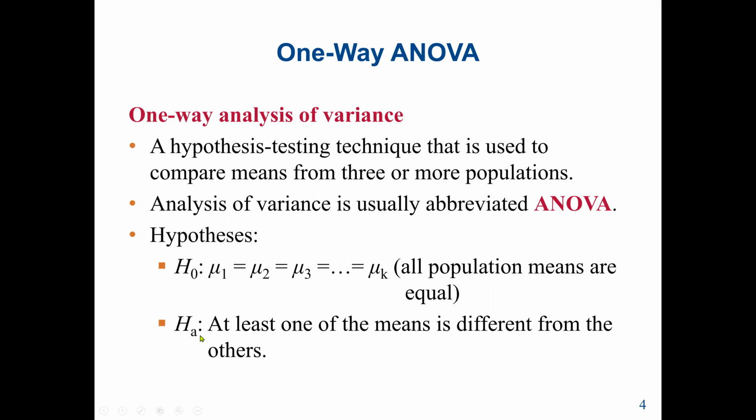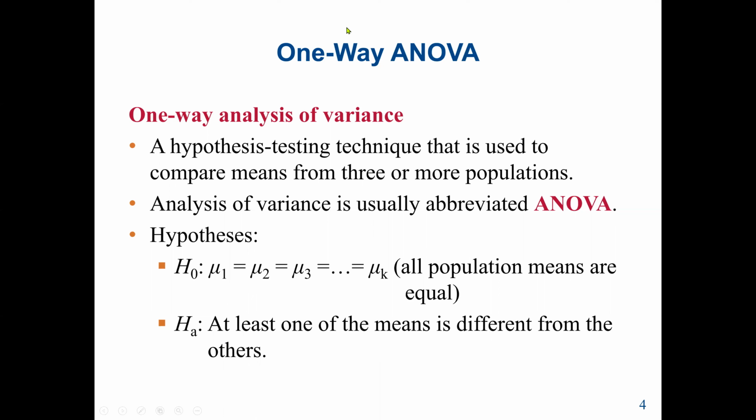So if I'm doing HA against HO, all I need is for one of the population means to be not equal. So I have the option that mu1 is not equal to mu2 or mu3. Or mu2 is not equal to mu3, but it can be equal to mu1. So again, we have a lot of options. That's why we said HA will be that at least one of the means is different from the others, at least one.